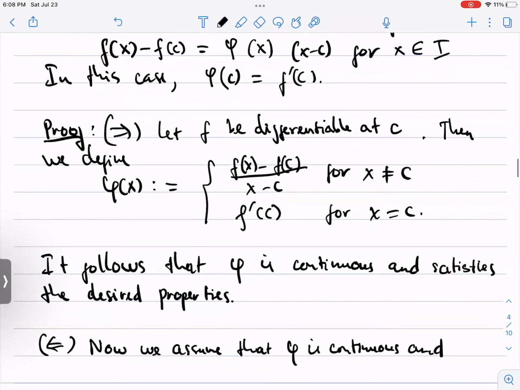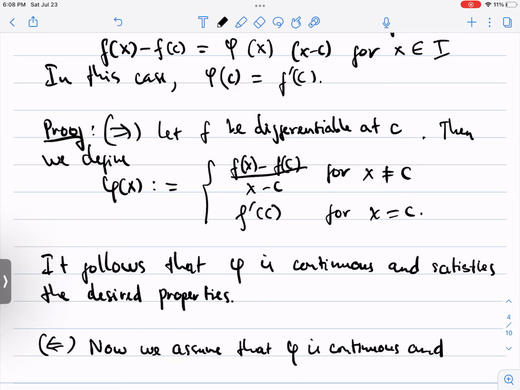The proof here is not complicated. In one direction, we just define the function phi as the quotient that arises in the definition of the derivative. Of course, that expression doesn't make sense when x equals c because you cannot divide by 0. However, you can overcome that difficulty by defining phi of c as the derivative of the function evaluated at this point c.